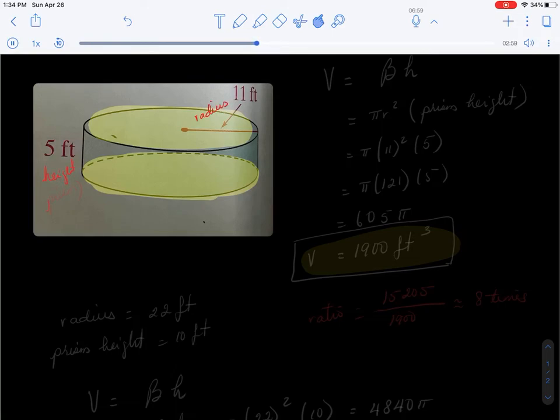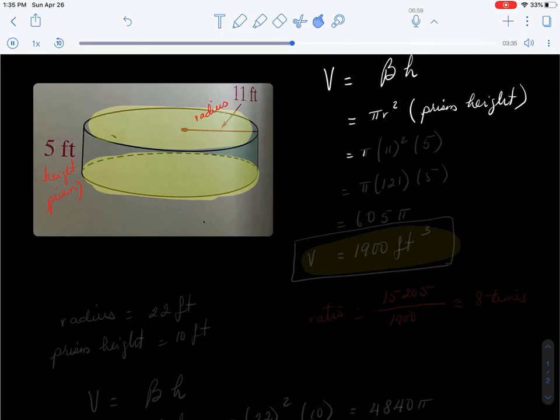It is my prism height. Okay, same thing. If I have a volume, I always want to write, I'm going to multiply by a big B. In this case, big B is the area of the base. The area of the base in this case is a circle. Okay, a circle is pi r squared, and I'm going to multiply by the prism height.